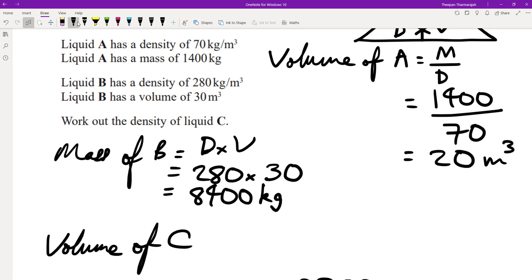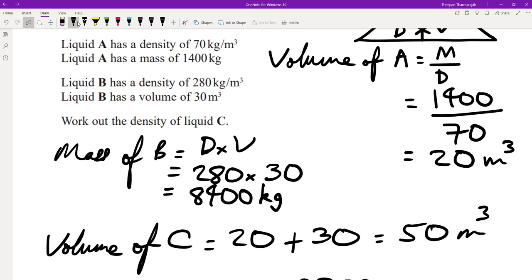So now to work out the volume of C, it's going to be the volume of A plus the volume of B. So that's going to be 20 meter cubed is the volume of A plus the volume of B, which is 30, which gives me a total of 50 meter cubed.